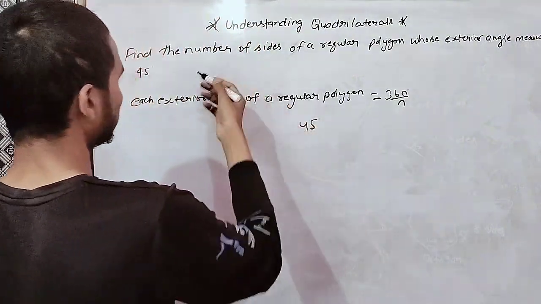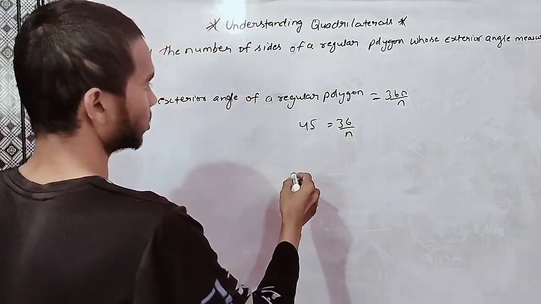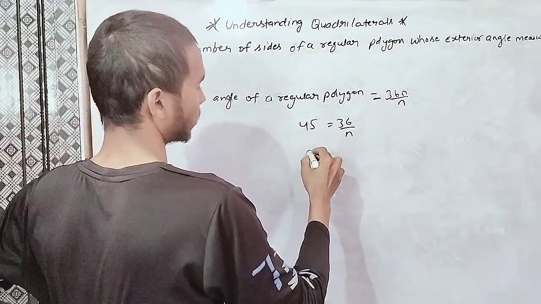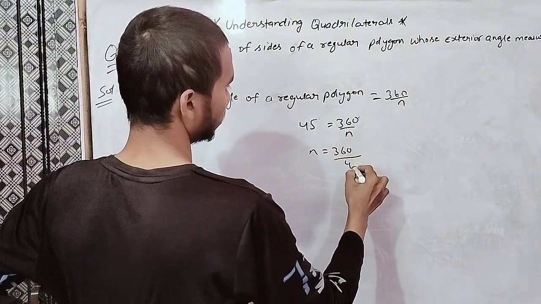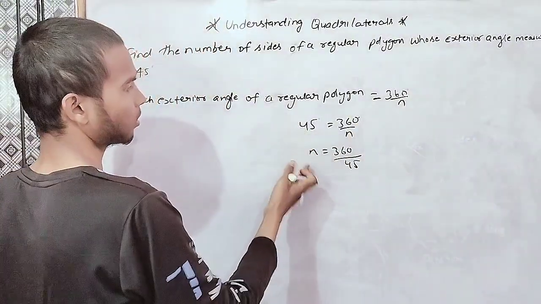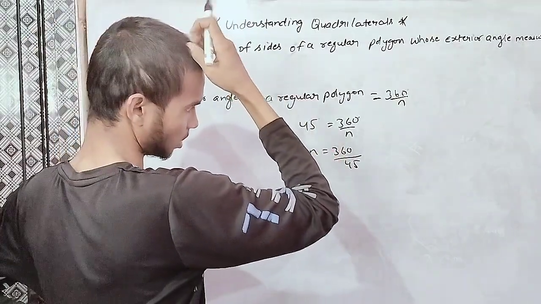It is already given by the equation. And now we have a linear equation. Just to simplify it, 45 equals 360 over n. Can we write it like that? Yes, we just move the variable.